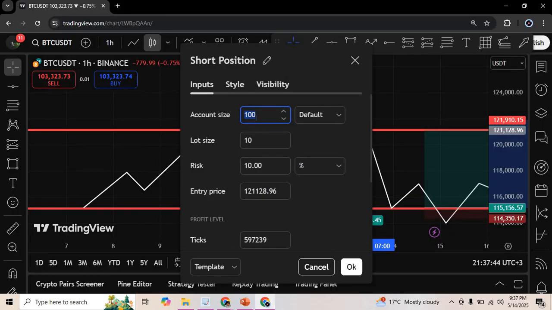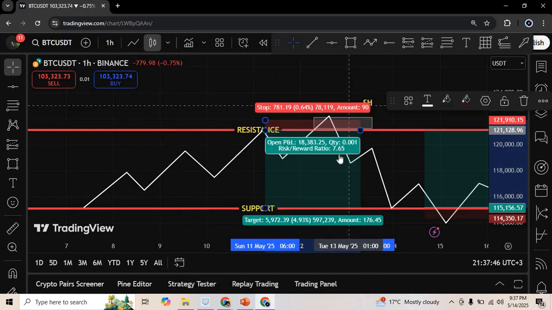You're being told if my stop loss is hit, my account will remain $90. So how much is my loss? It's $10, $100 minus 90. And if I trigger my profit, the amount left in my account is 176.45, so I'm in profit of 76.45. Exactly. So that's the difference.